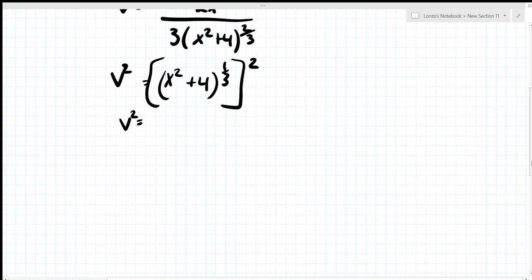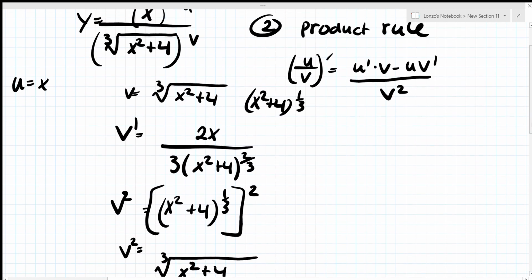Remember, raising it to the power, you're going to get 2/3, so it's going to be the cube root of x squared plus 4 squared. And then u prime, we didn't know what it was. u prime is just 1.